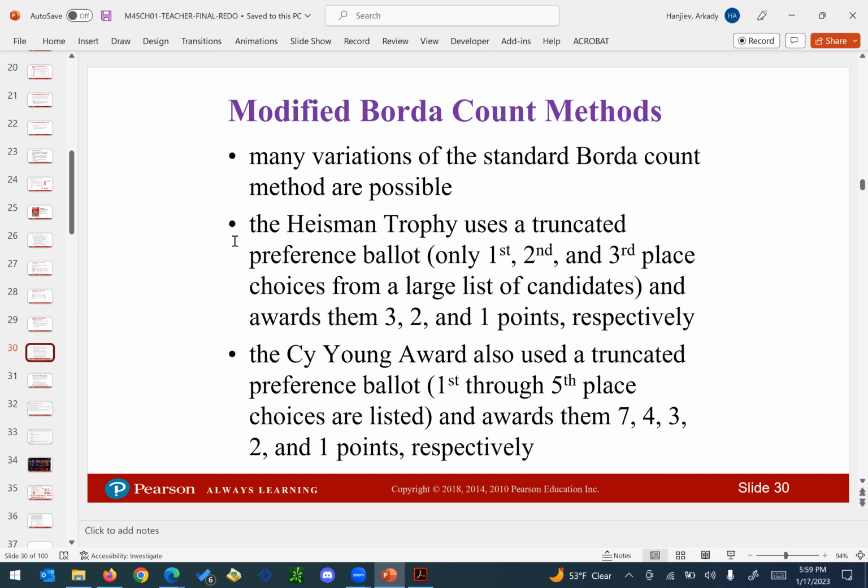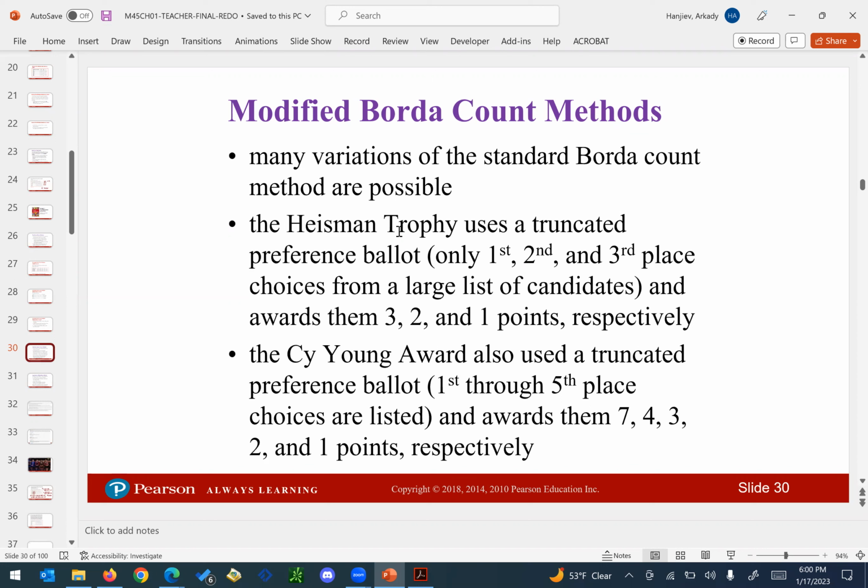A good one would be the Heisman Trophy. That would be a good one to do. It's a truncated ballot system, just like this here. You choose first, second, and third place from a large list of candidates, and then the point totals are given. So 3, 2, 1. So the Heisman Trophy is made by the Borda counting method rules.